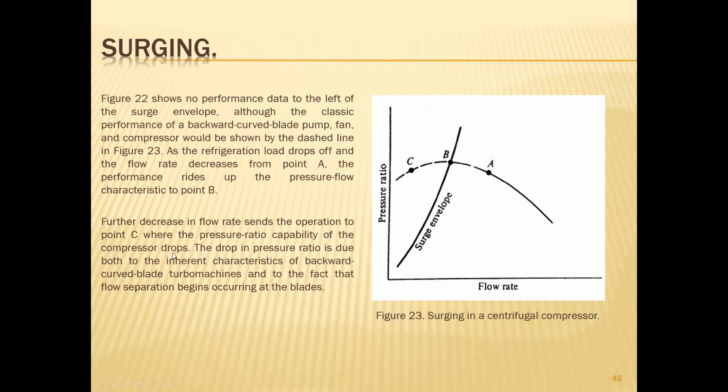The drop in pressure is due both to the inherent characteristic of the backward curve blade turbomachinery and to the fact that flow separation begins occurring at the blade. Flow separation, hiwalay siya.